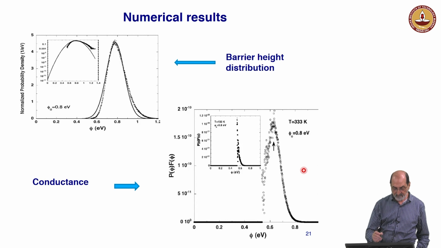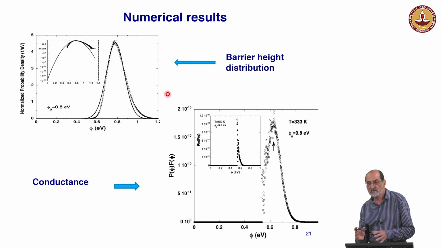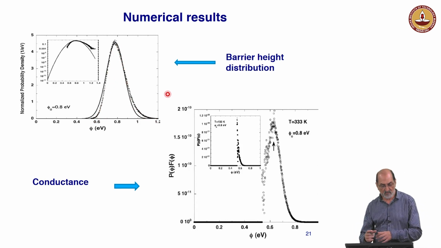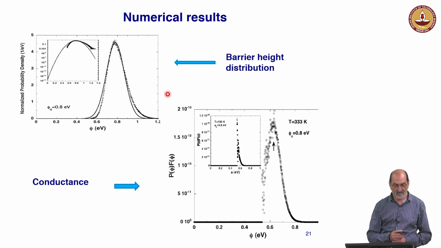Look here, in a linear scale, the full line corresponds to a Gaussian distribution. And what we found doesn't have a Gaussian shape. It's the one with the points here. You see? Somehow it's skewed to the right. It extends more to the right than to the left. It's not exactly symmetric.